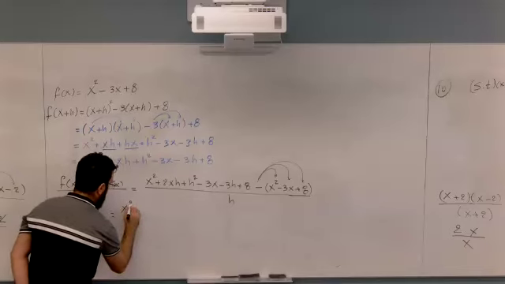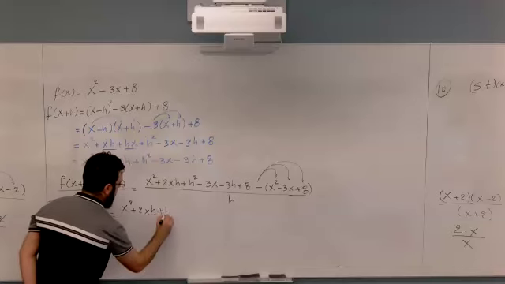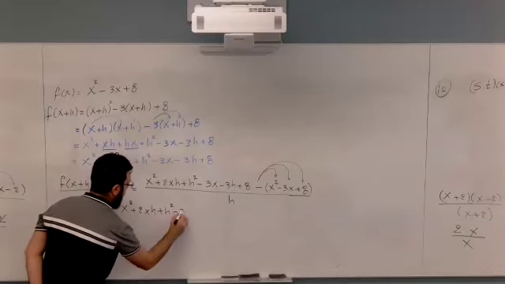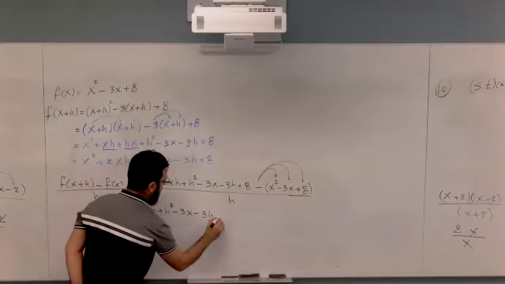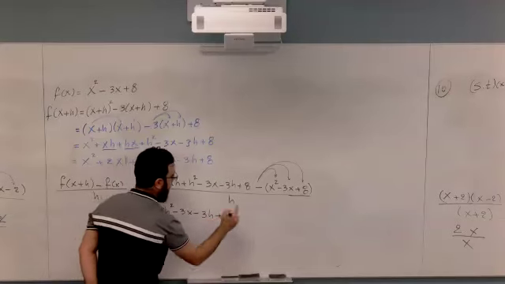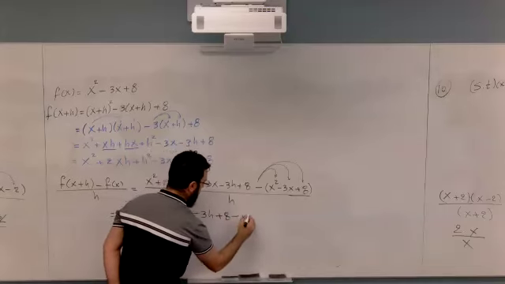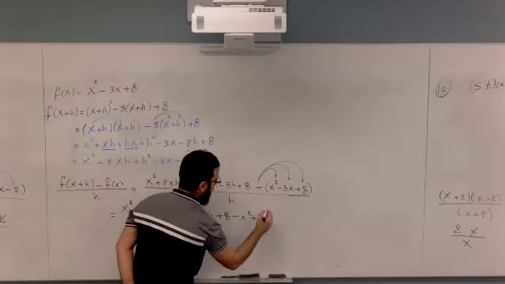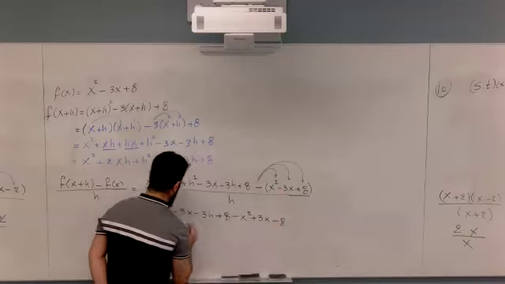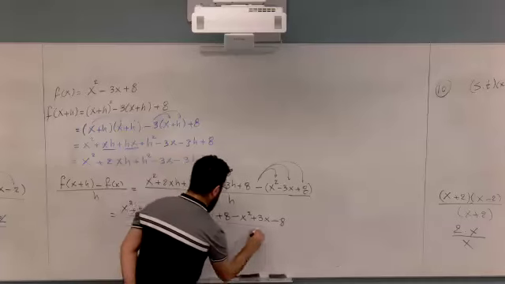So it's going to be x squared plus 2xh plus h squared minus 3x minus 3h plus 8, minus x squared plus 3x minus 8, and everything divided by h.